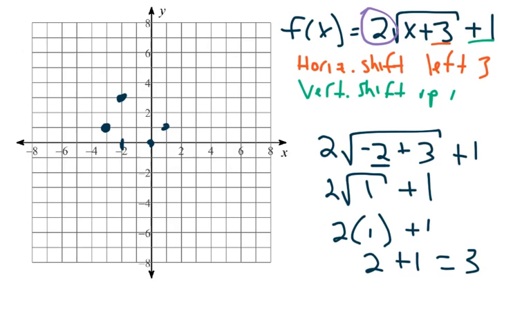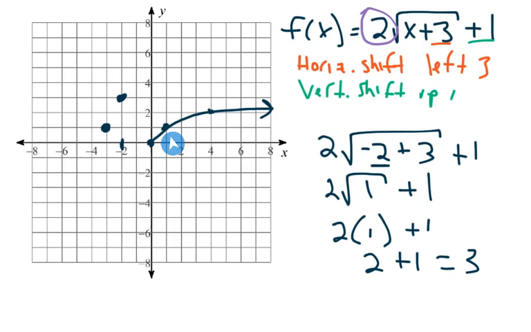The square root of 0 is 0, the square root of 1 is 1, the square root of 4 is 2, and so our parent function looks like this. We're taking the next value, which is here, and dilating it to this point. So the distance between these 2 points is no longer right 1 and up 1. It's right 1 and up 2 because you're vertically stretching it. You see that?